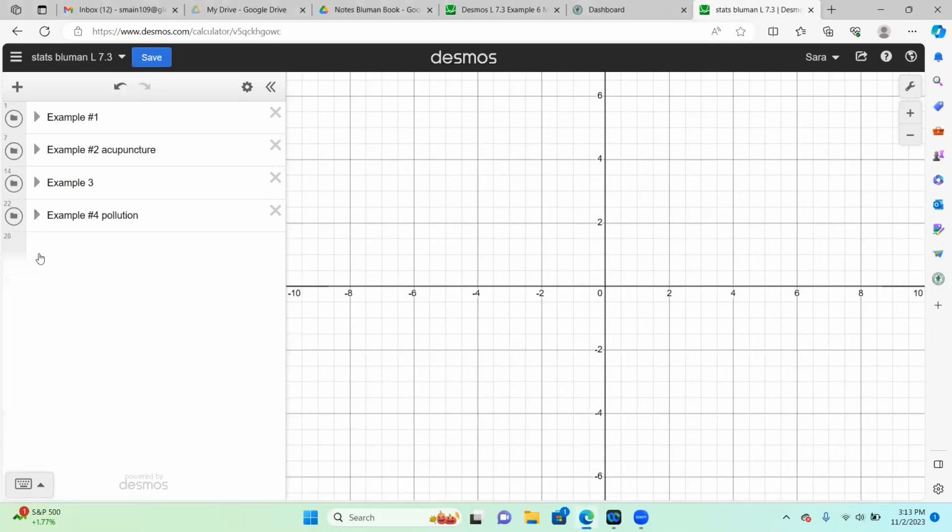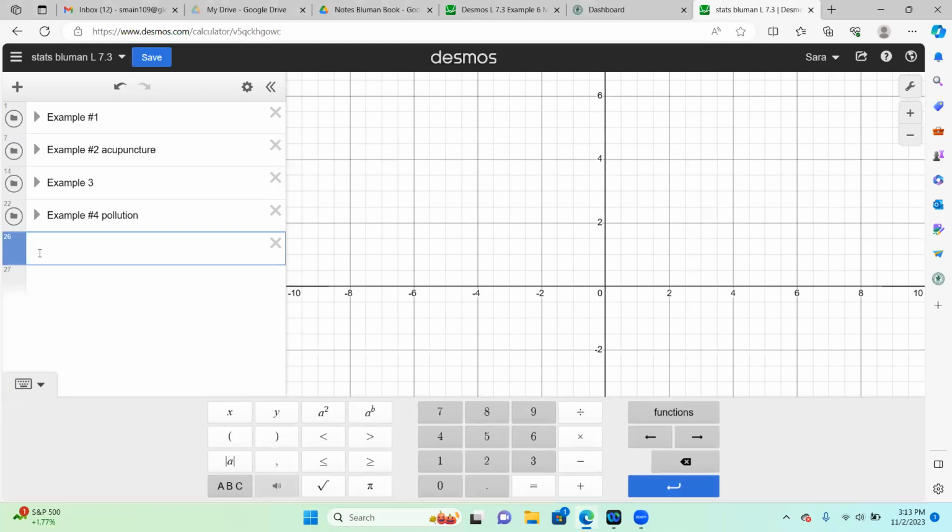And you have to call the list a capital letter, and then you can put the data in there.